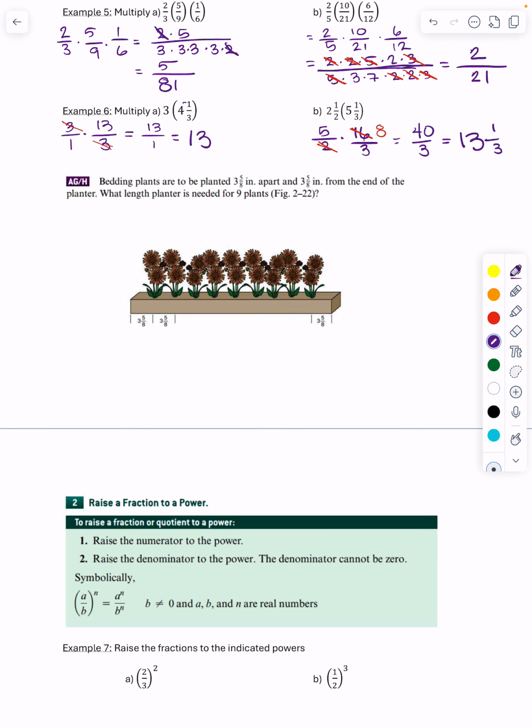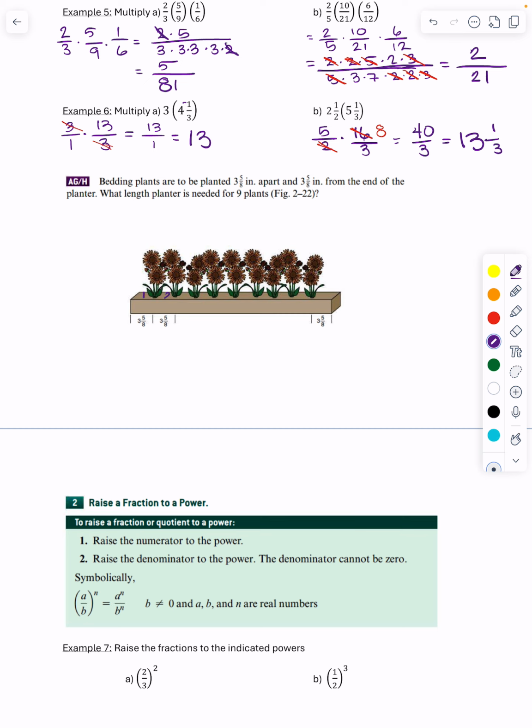And a word problem. We've got bedding plants planted 3 and 5/8 inches apart, 3 and 5/8 inches from the end. We're planting 9 plants. Now that 3 and 5/8 from the end is important. So we are going to count.